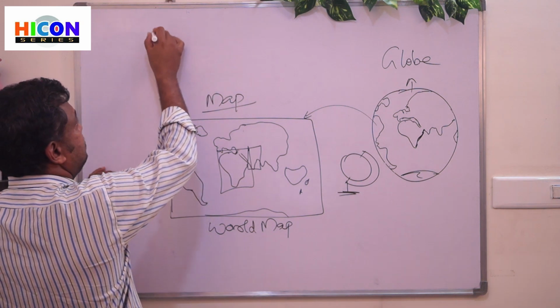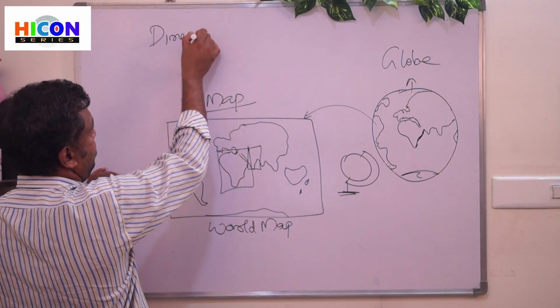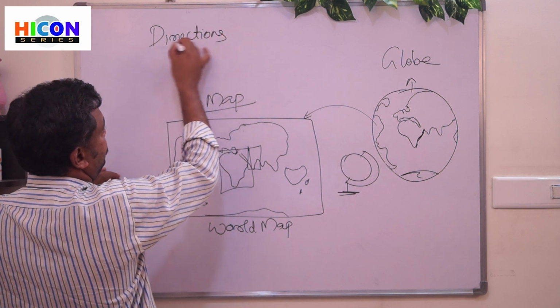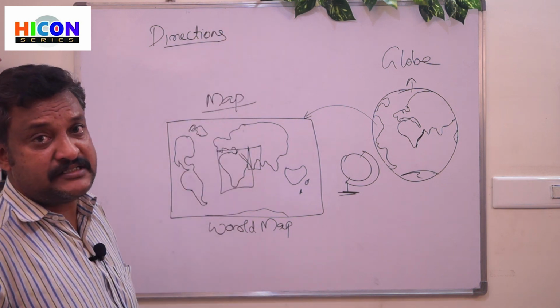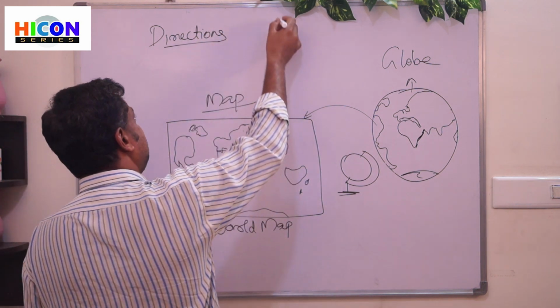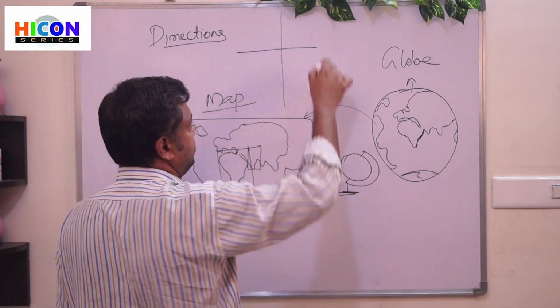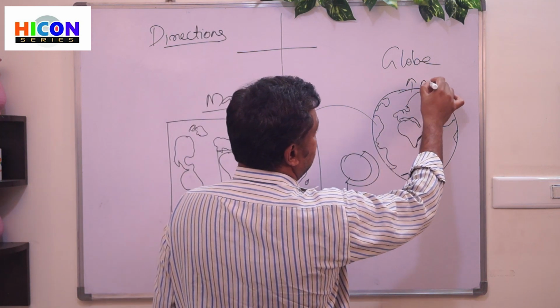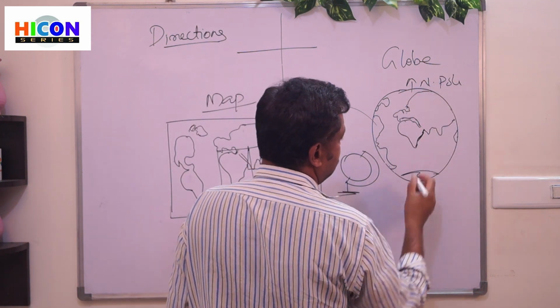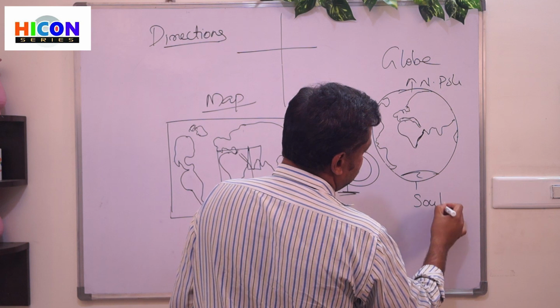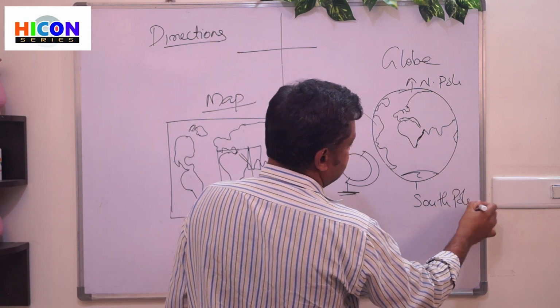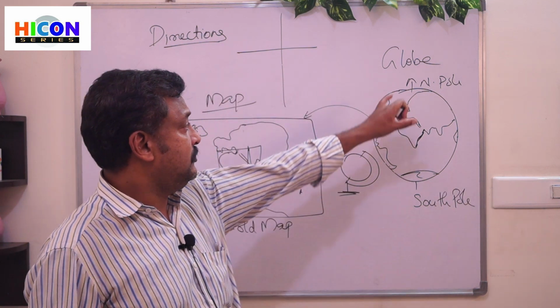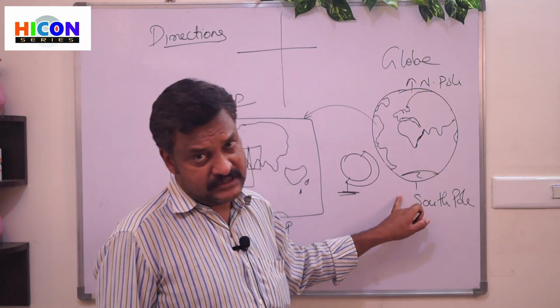Now, if we have to understand this globe or this map, we need to know one thing, that is directions. What should we understand? We should understand the direction. So what are the directions? There are 4 directions. Okay, so here we have a North Pole, South Pole, isn't it? On the globe, on the earth, we have North Pole and South Pole.